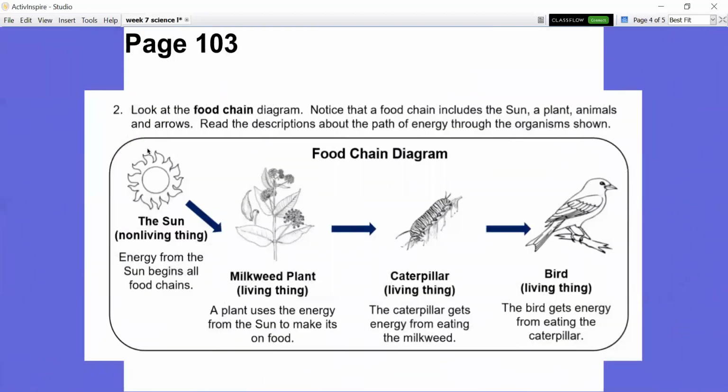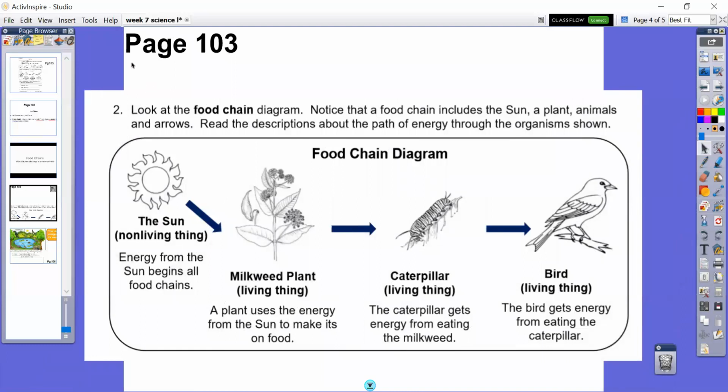Okay, guys. Next, we're still on page 103. Number 2 said, look at the food chain diagram. Notice that a food chain includes the sun, a plant, animals, and arrows. Read the descriptions about the path of energy through the organisms shown. So this is a food chain diagram.